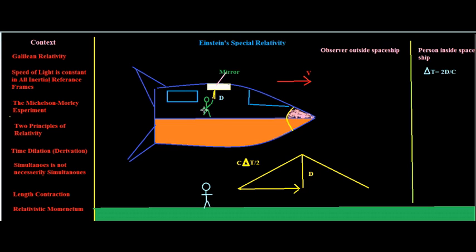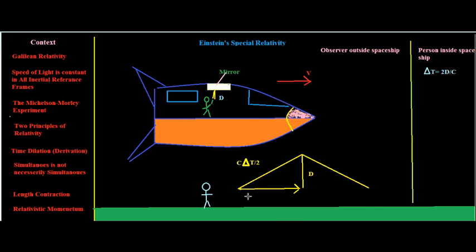Since this guy is moving with constant velocity inside the spaceship, he has his own inertial frame of reference. But for the guy outside the spaceship, in his inertial frame of reference, we have to incorporate the speed of the spaceship.